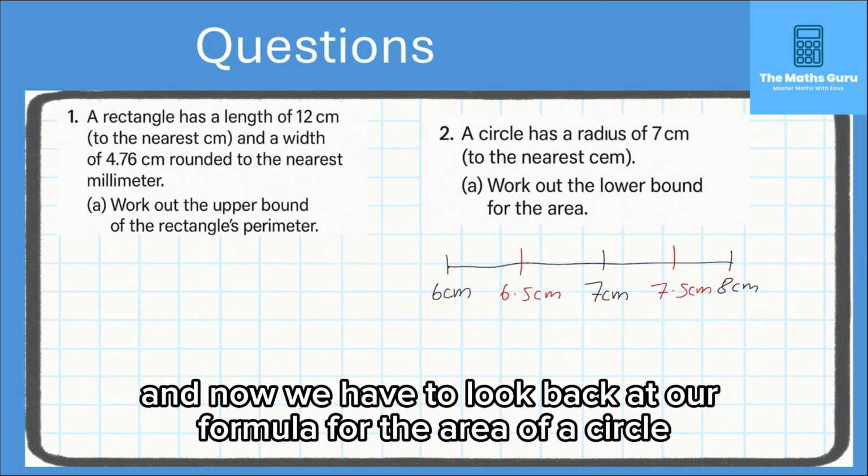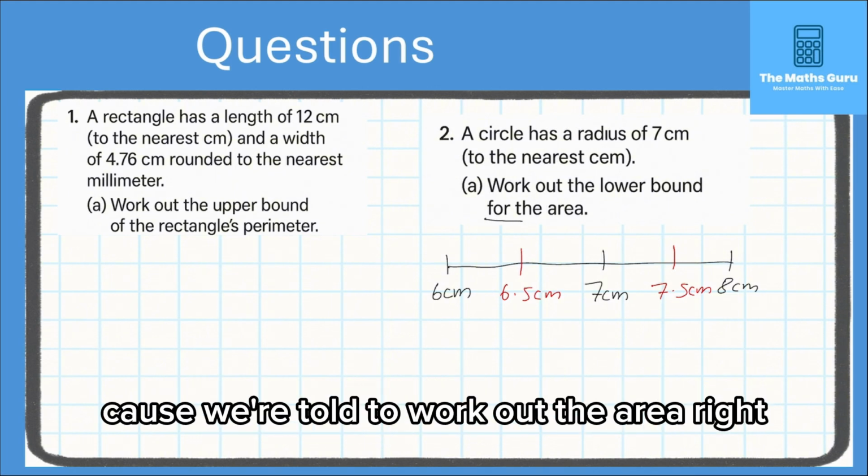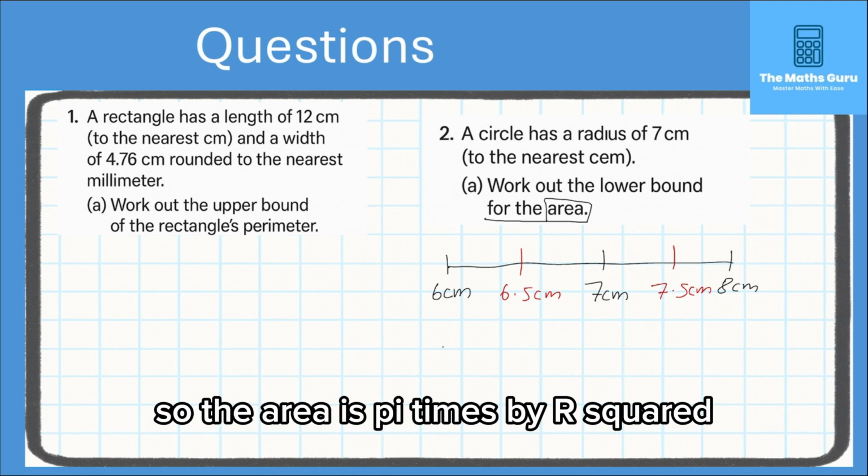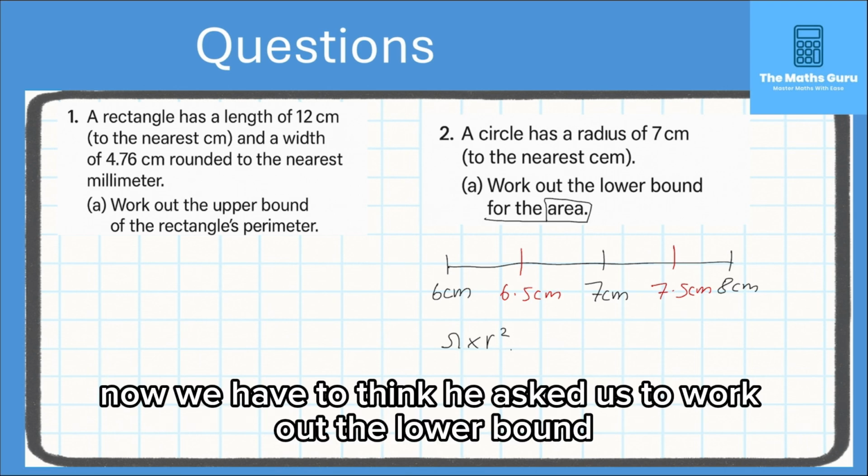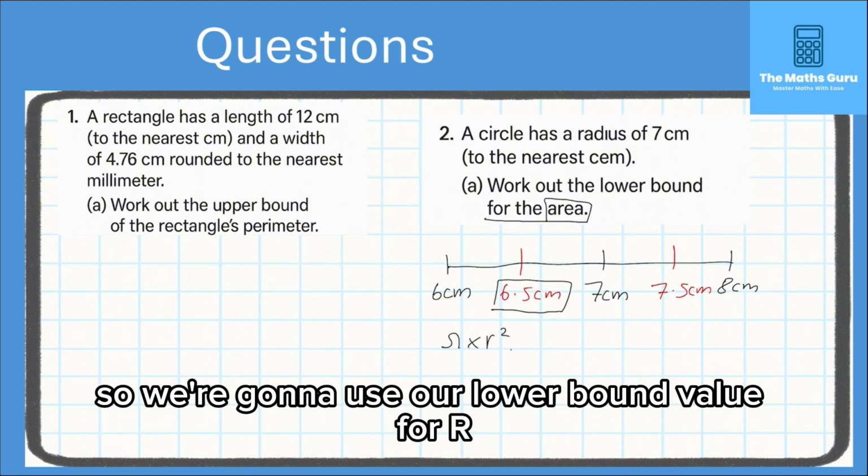And now we have to look back at our formula for the area of a circle because we're told to work out the area. So the area is pi times r squared. It asks us to work out the lower bound, so we're going to use our lower bound value for r.